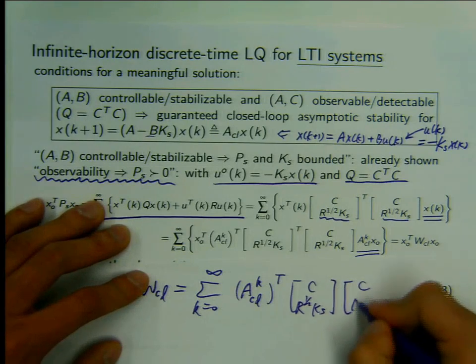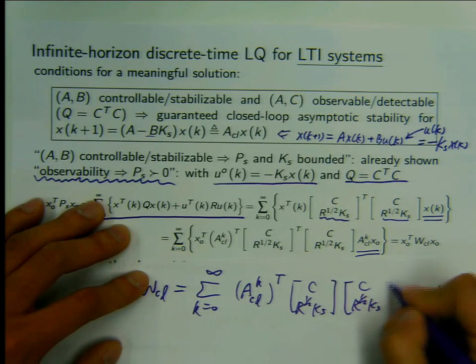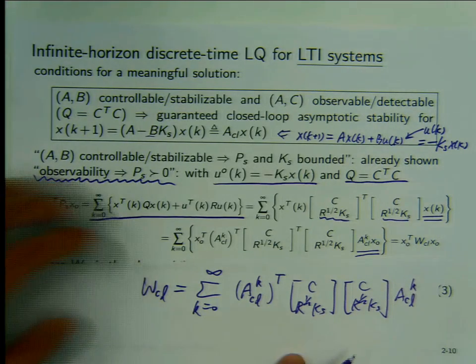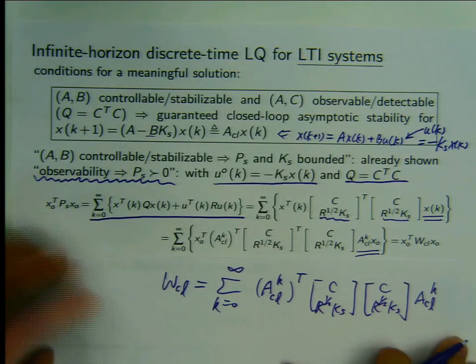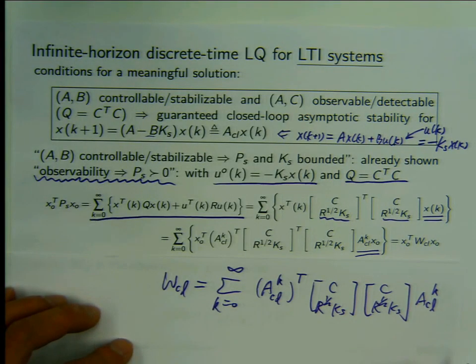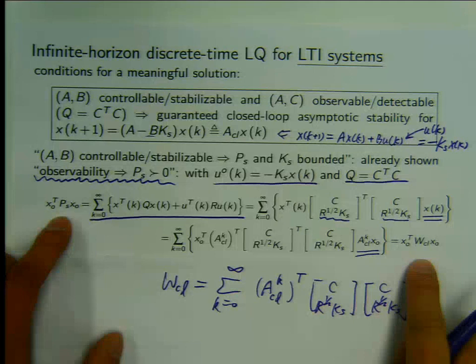So I'm going to ask you the question once I finish writing. What is this matrix W_CL? P_S. That is correct. You will notice this one. W_CL is going to be P_S.